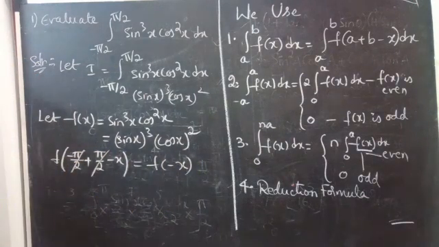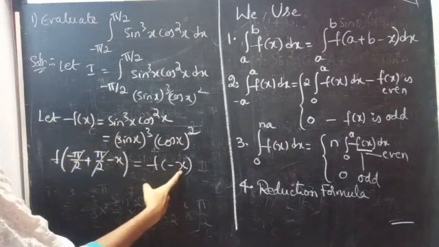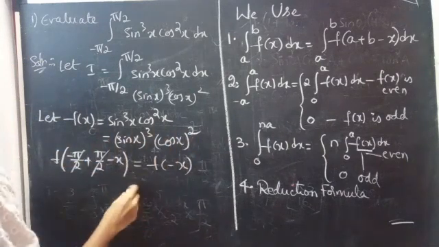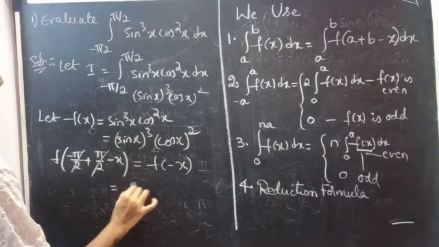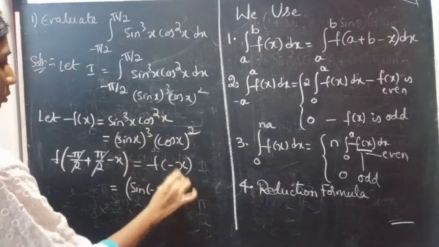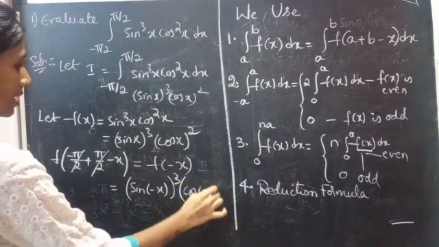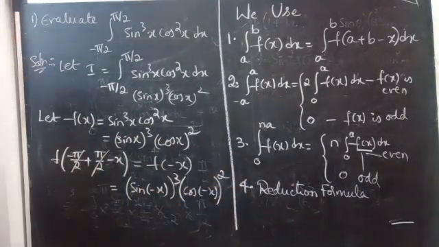So now what we are going to do? We are going to replace x with minus x in f of x. So you'll get sin of minus x whole cube into cos of minus x whole square.